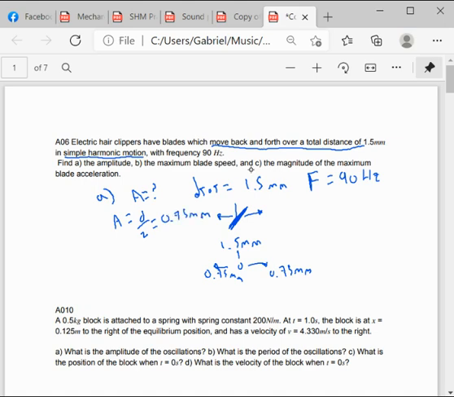The maximum blade speed is what you're looking for in part B. And because it's simple harmonic motion, there's a formula that talks about speed.